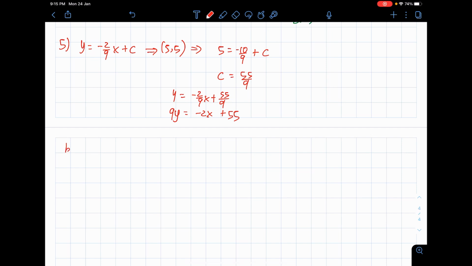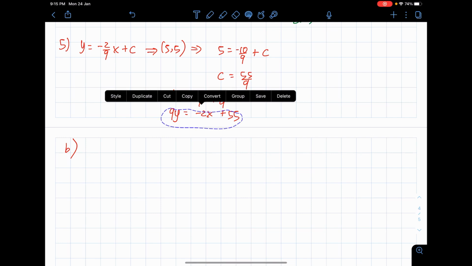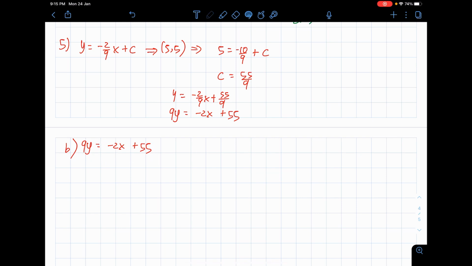Part B. The equation of the line Q is this. Find the coordinates of the point of intersection of the line P and the line Q. Okay, so I'm going to do a simultaneous equation here. The first equation being this answer from the previous part. The second is 3y equals 4x minus 26. Now this thing I will multiply by 3.